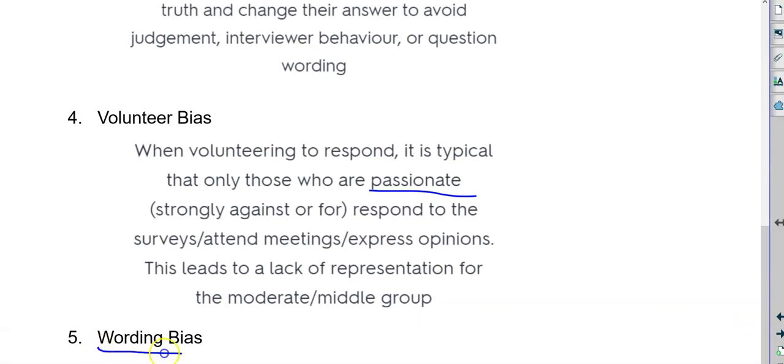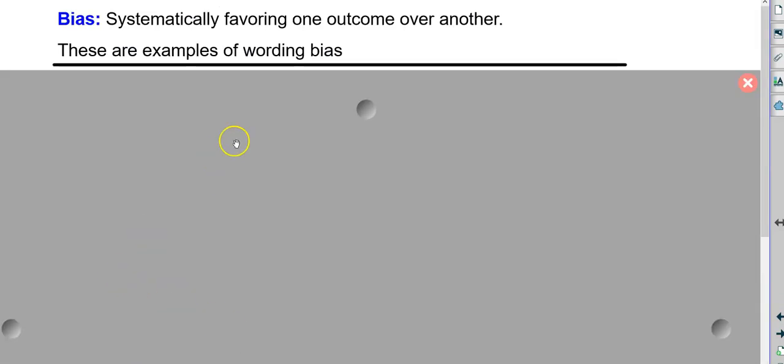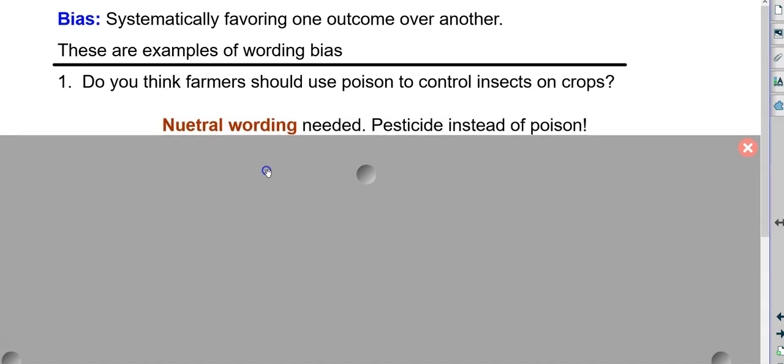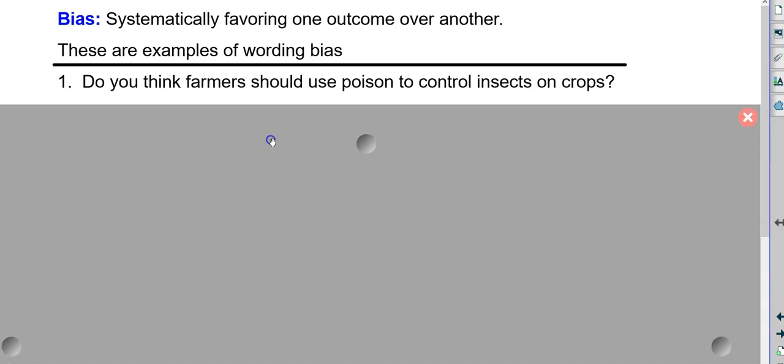And the last one is wording bias. I'm going to go over a few examples of wording bias here on the next page. Do you think that farmers should use poison to control insects on crops? This is harshly said here. I know that sounds funny, but the wording that you ask a question with is very important. Just the fact you use the word poison, you think, oh, why would I use poison?